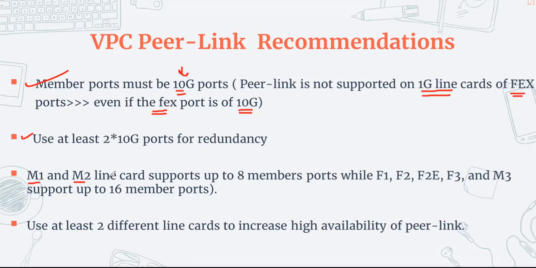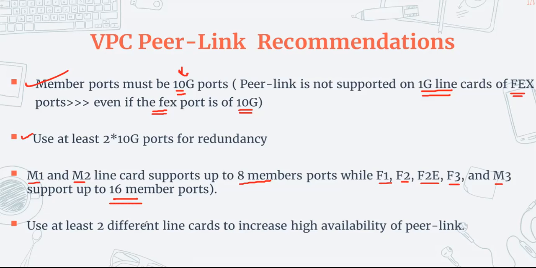For example, if you're using M1 and M2 line cards to form the VPC peer link, then it supports up to 8 member ports. And if you're using F1, F2, F2E, F3 or M3 line cards, then it supports up to 16 member ports. So we can use 16 ports to form a port channel for the VPC peer link.